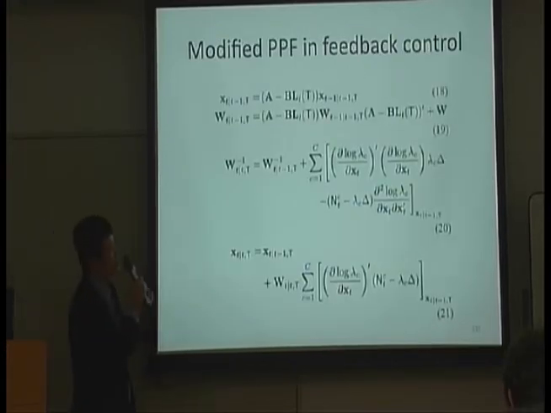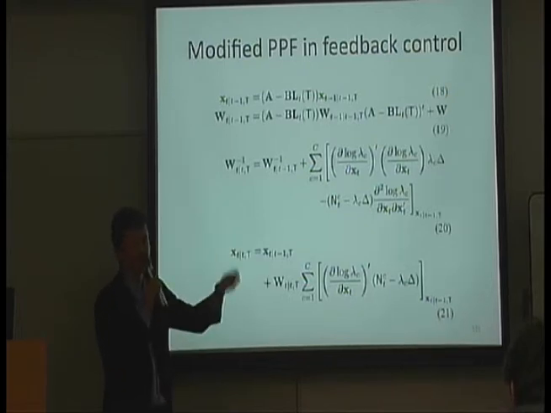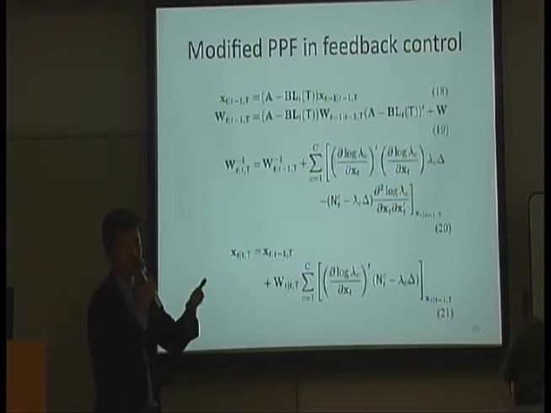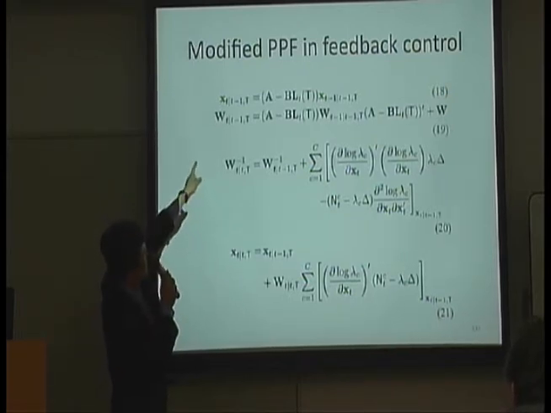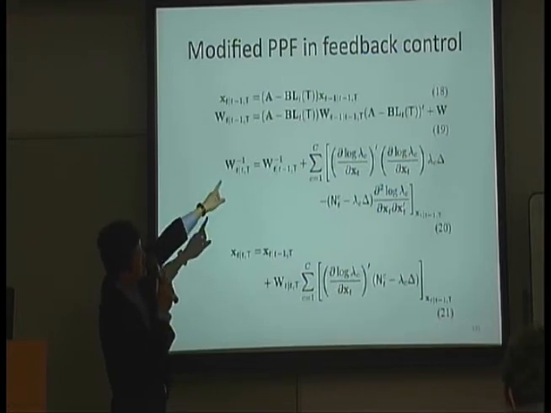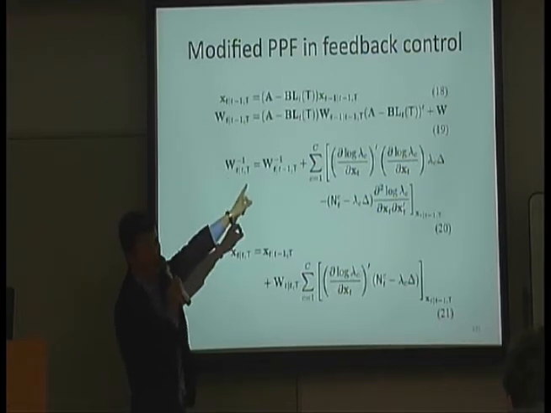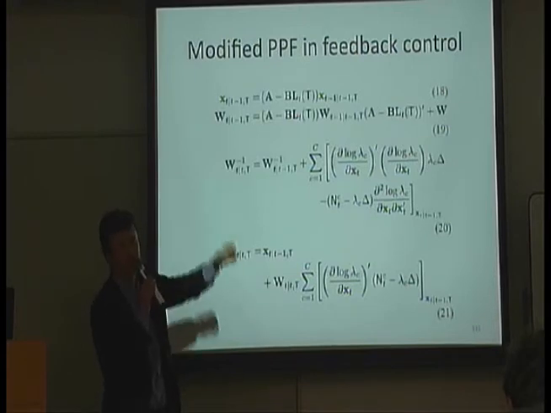The difference between the standard point process filter and this feedback control is in the first two prediction equations. Once you know the T, you can apply this feedback to your system and change the system.